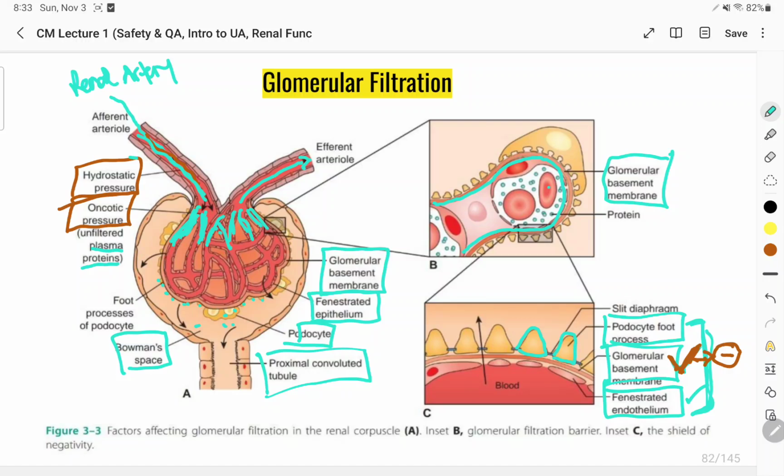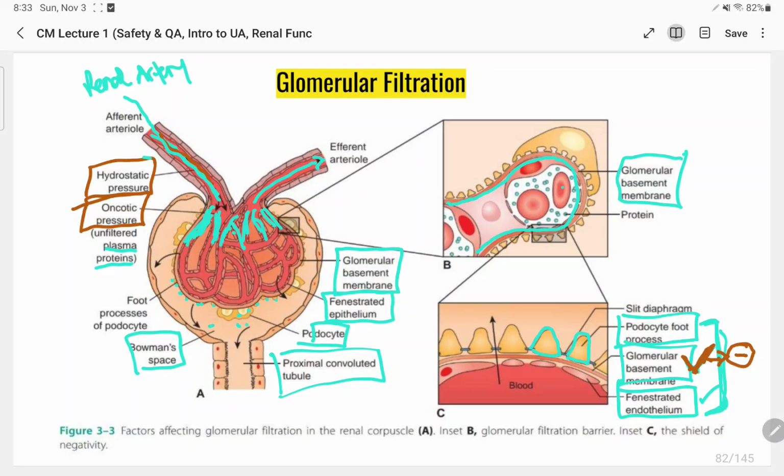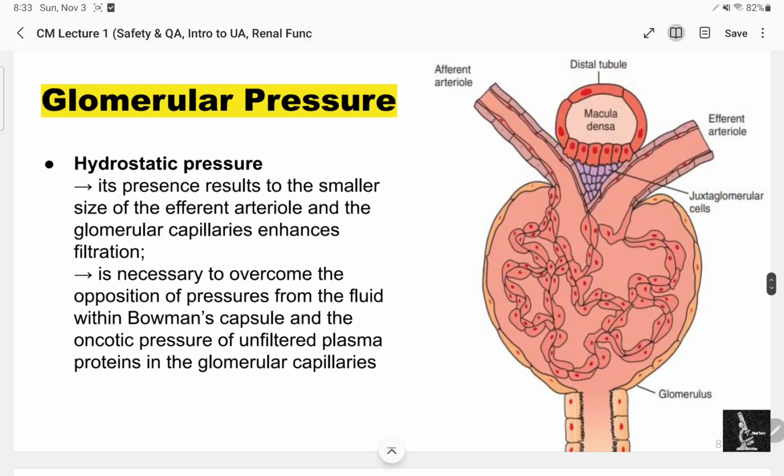If it were only hydrostatic pressure, everything would go out. But oncotic pressure regulates hydrostatic pressure, saying, oops, not everything can go out. Okay? So it should be controlled. Some pass and some do not. This is important because on our next slide, glomerular pressures are important since if there are problems with blood pressure or blood volume, these pressures also change. And as we remember earlier, our kidneys receive at all times 25% of the total cardiac output. Okay? That percentage should be maintained.